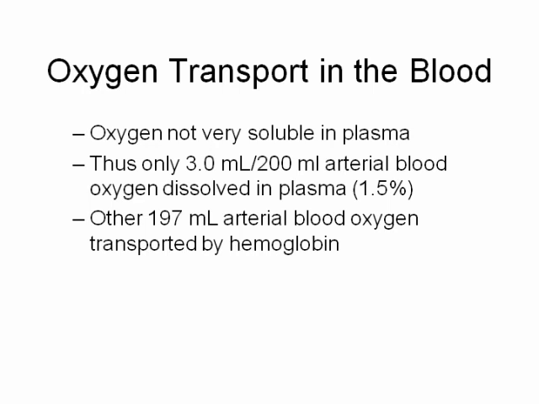So we've been talking about exchange. Now let's talk about how we actually transport the gases in the blood, because obviously exchange can't take place unless we have transport. So I've already mentioned that oxygen is not very soluble in plasma. It is only about 1/20th as soluble as CO2 is. So only about 3 milliliters of oxygen will be dissolved in 200 milliliters of arterial blood.